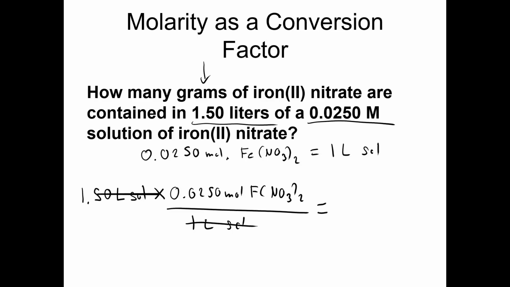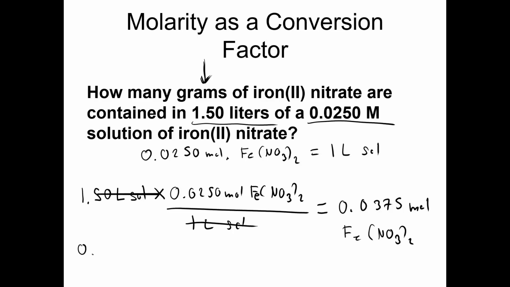And then all I have left, okay, so that's 0.0375 moles of iron nitrate, Fe(NO3)2. Let me fix this here. But of course I'm asked about grams, and I can do moles to grams pretty easily here, right?